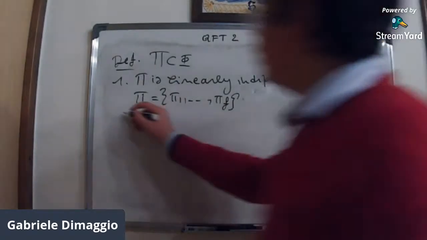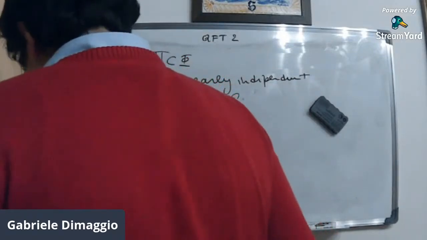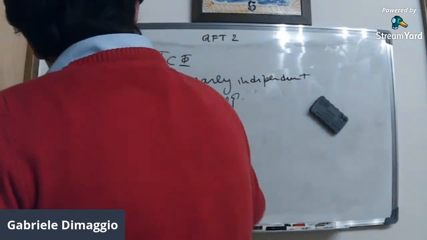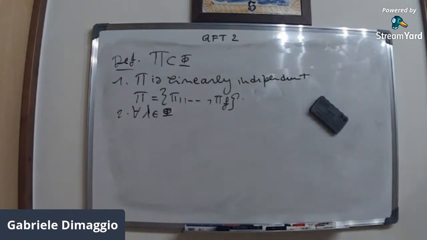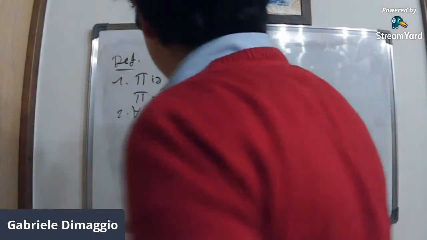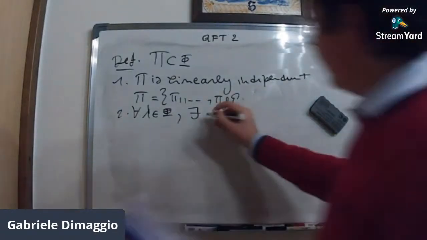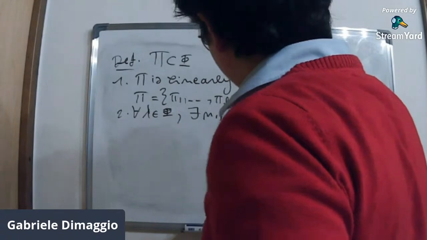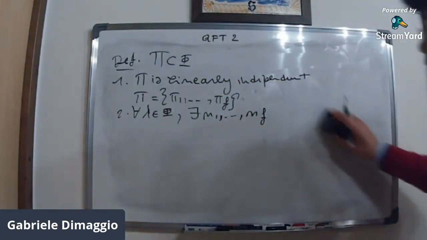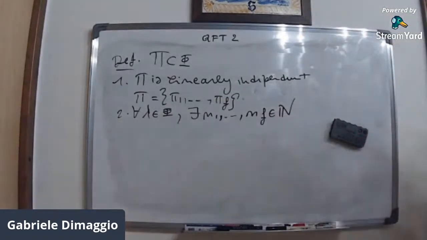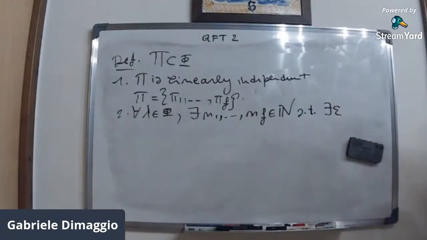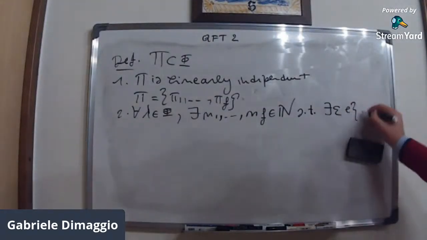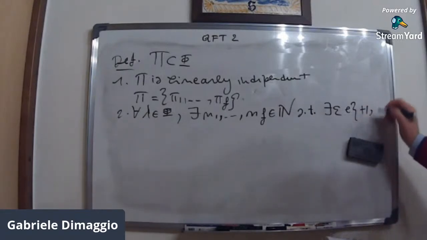Then the second point: for all lambda in phi, for all lambda that lives within phi, there exists this family of numbers n1 until nf that live within the natural numbers, such that there exists a number epsilon in the set plus 1, minus 1.